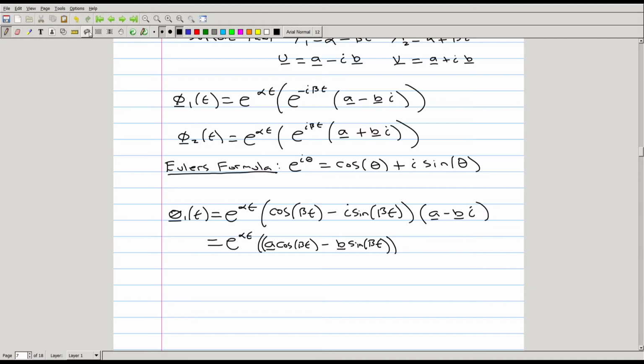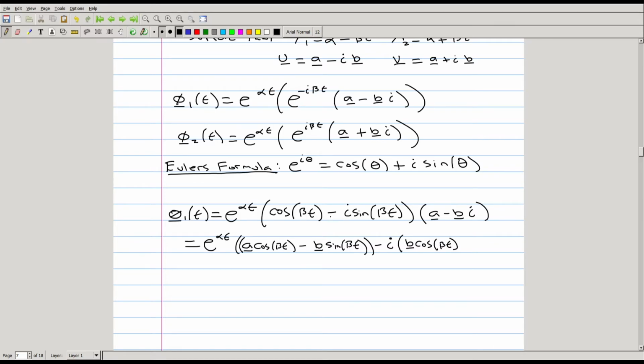And then you also have to do the other cross multiplications because we're doing a FOIL here. So you have cosine of beta t times b times I, negative. So cosine of beta t times b cosine of beta t.